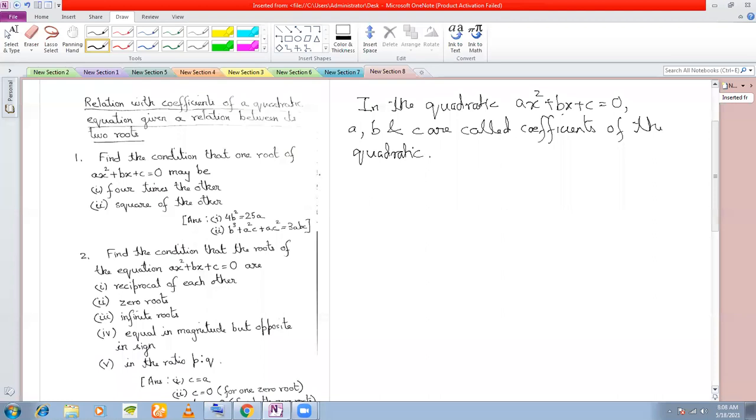Now, what is the relation between a, b, and c when a relation between alpha and beta is given?